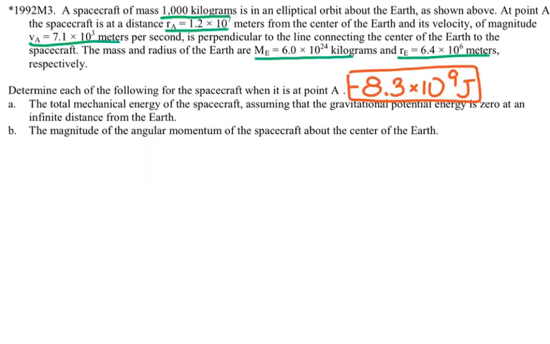For B, they ask you to find the magnitude of the angular momentum of the spacecraft about the center of the Earth. So the angular momentum, if you remember from the lessons, is equal to L. And if linear momentum is equal to mass times velocity, angular momentum has the same formula, just different letters and different meaning.